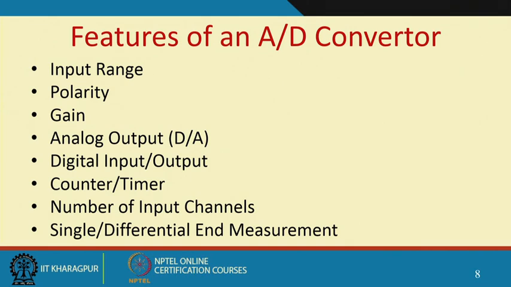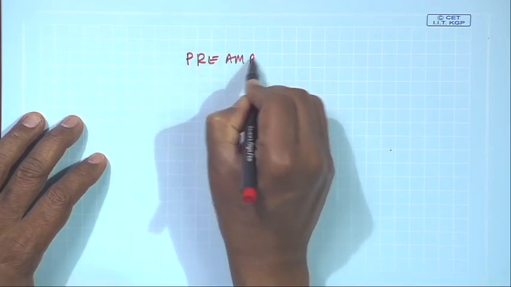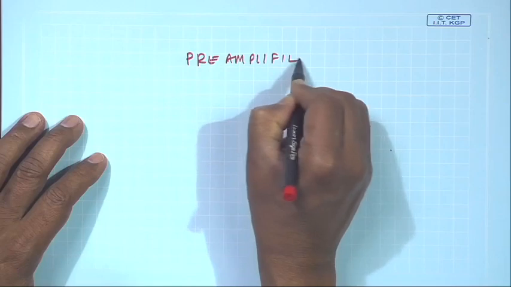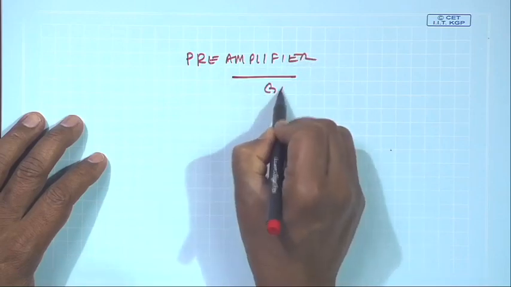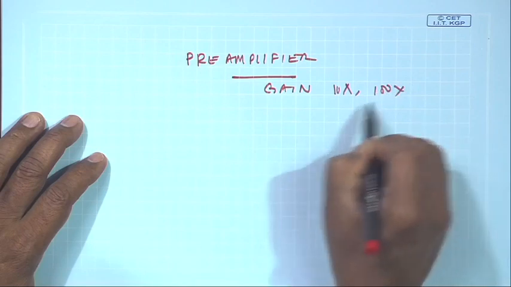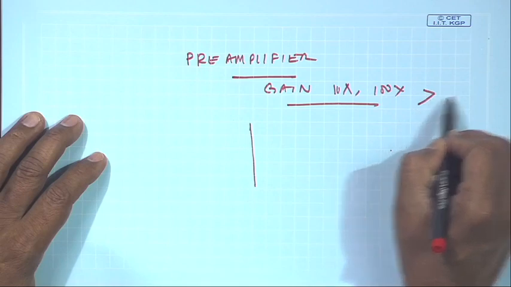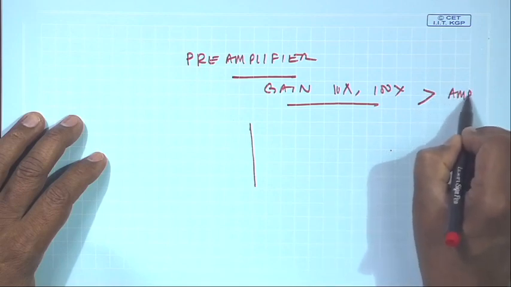So, we need to have a preamplifier to give some gain, 10x or 100x, so that the signal is greater than the amplitude resolution of the unit.